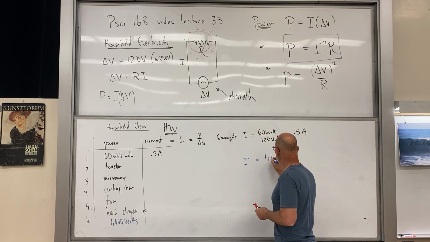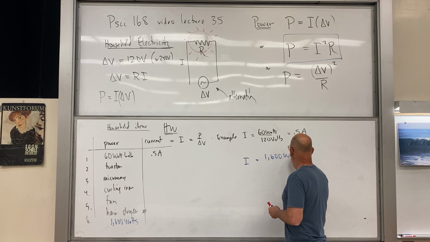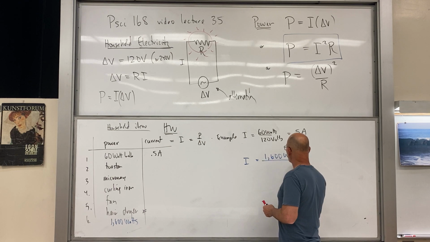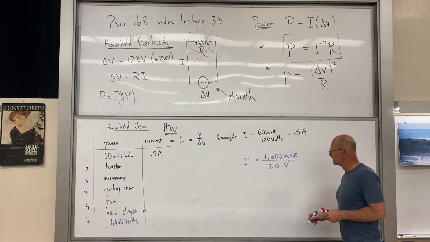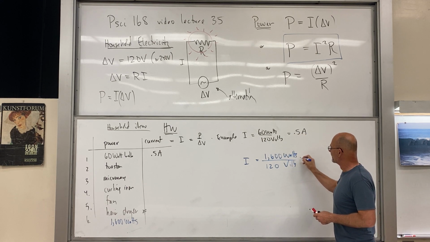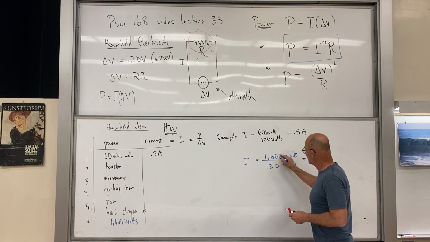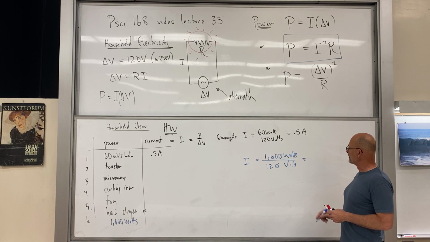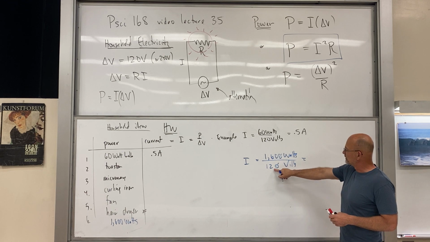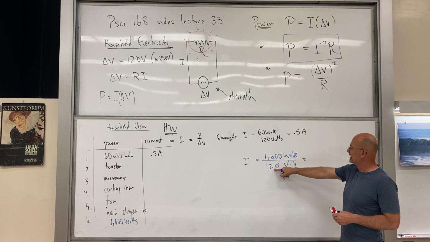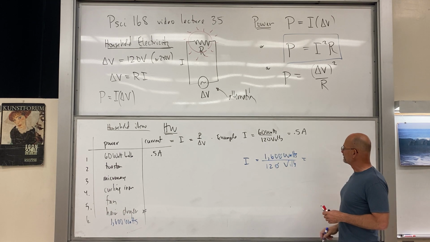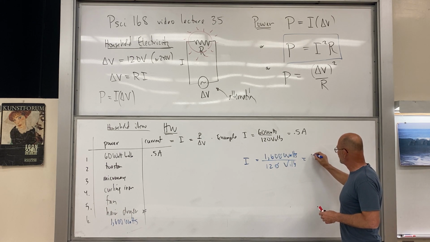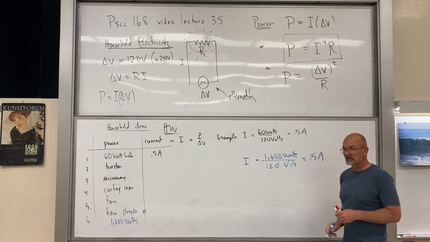I equals 1,600 watts divided by 120 volts. So this is quite a bit. 160 divided by 12, so that would be, 120 would be 10, and then 15 amperes.